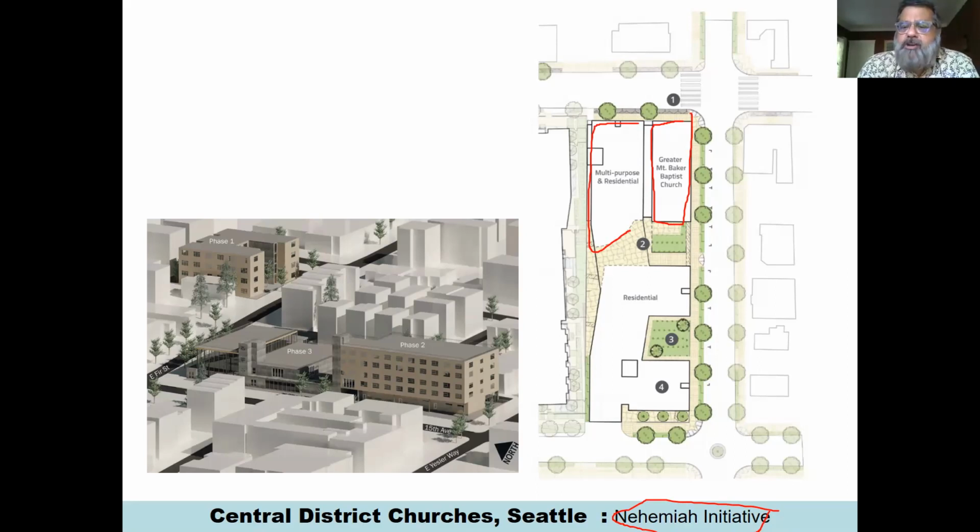The goal is to keep the community intact and to address historic adaptive reuse through the perspectives of equity and spatial justice. So we don't want the Black populations to be forced out of the neighborhood. So the city is partnering with this so that the church sites can be preserved and offer new uses.